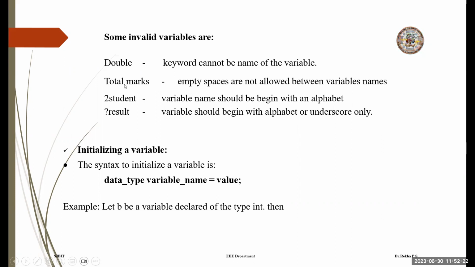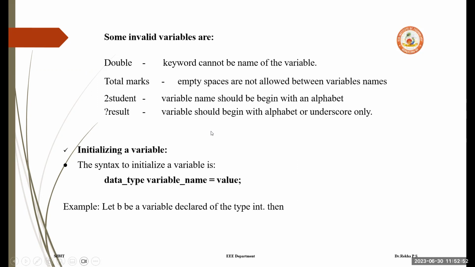The name to student is not valid because a variable name should begin with an alphabet, not a number. The question mark result is invalid because a variable should begin with an alphabet or underscore only. You have given a special character, so it is not possible. The question mark is an operator, and you cannot use it.